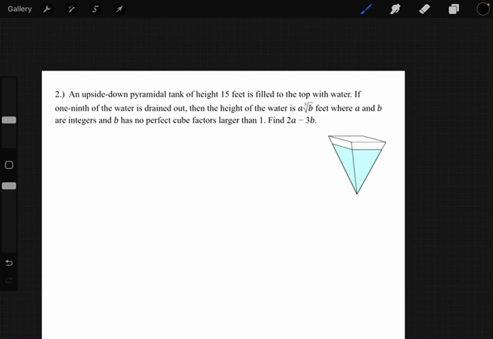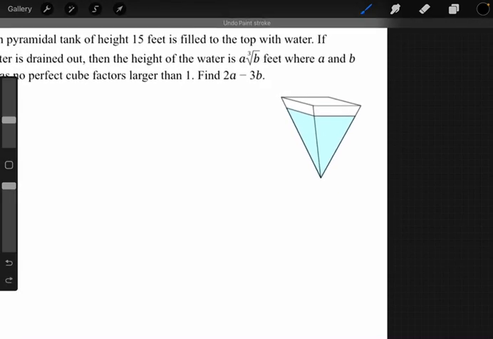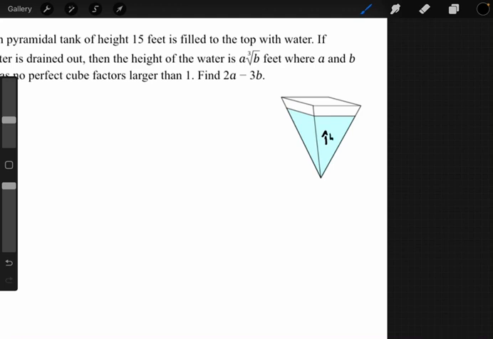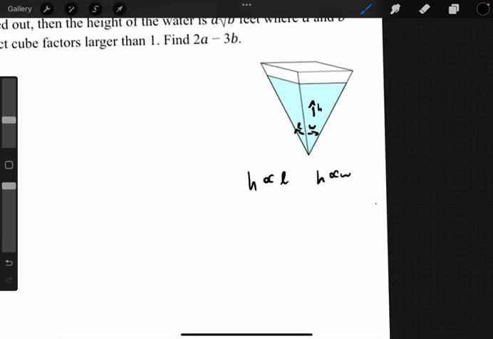Now, for this problem, if you look at how everything moves, as you increase in height, you're going to increase in width and increase in length at the same time, meaning that height is proportional to length, and height is proportional to width.